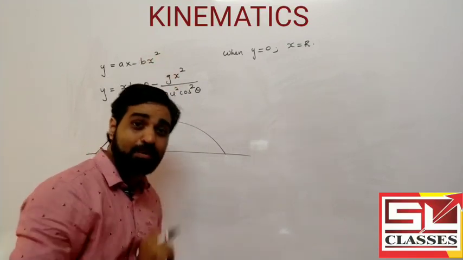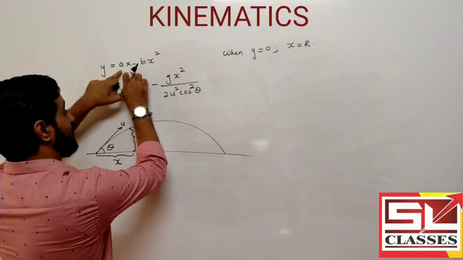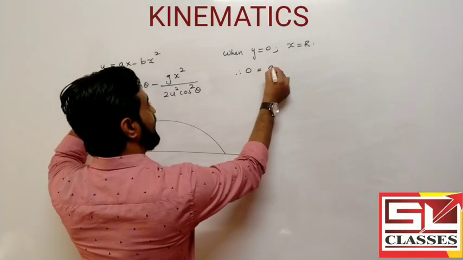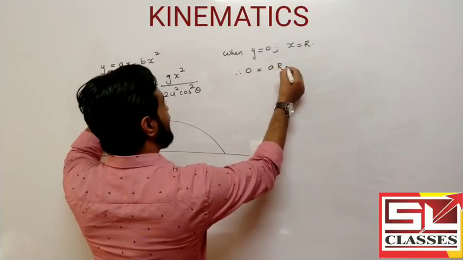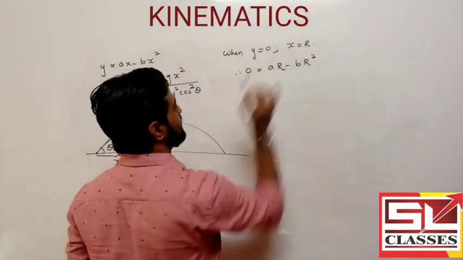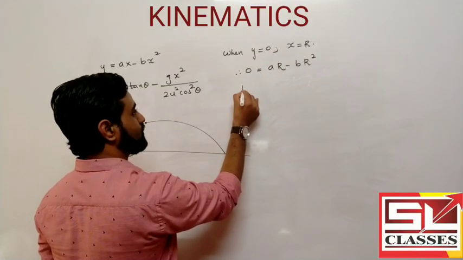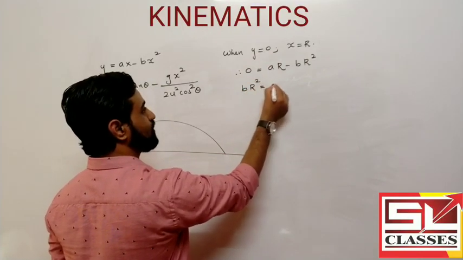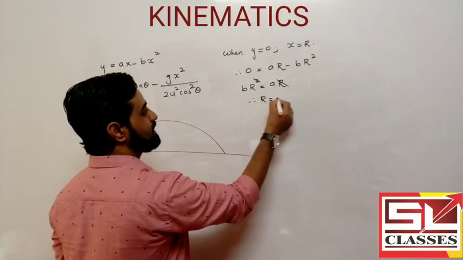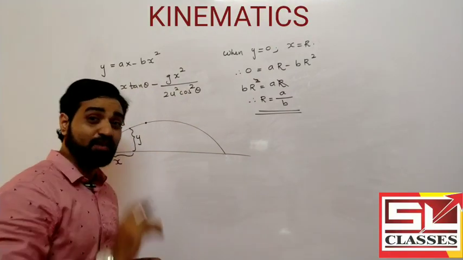When the vertical displacement becomes 0, the horizontal displacement becomes range. Substitute in this equation. Therefore, 0 is equal to ar minus br square. When y equal to 0, x equal to r. Instead of x, we have to substitute r. So take this minus br square to this side. So br square is equal to ar. Cancel one r. You will get r is equal to a by b.